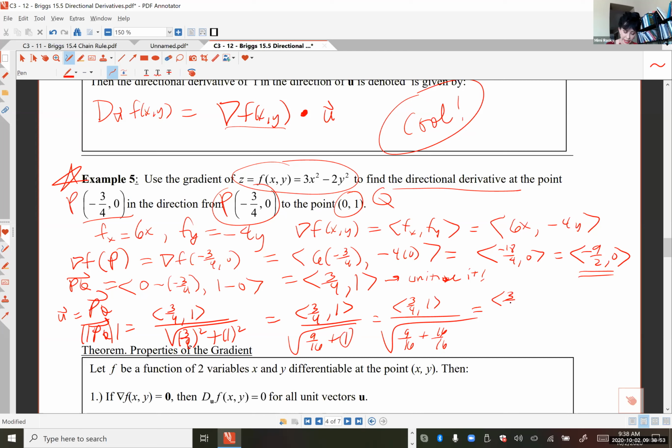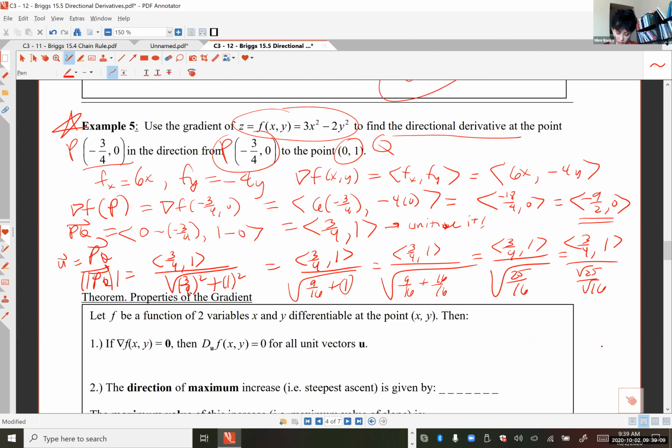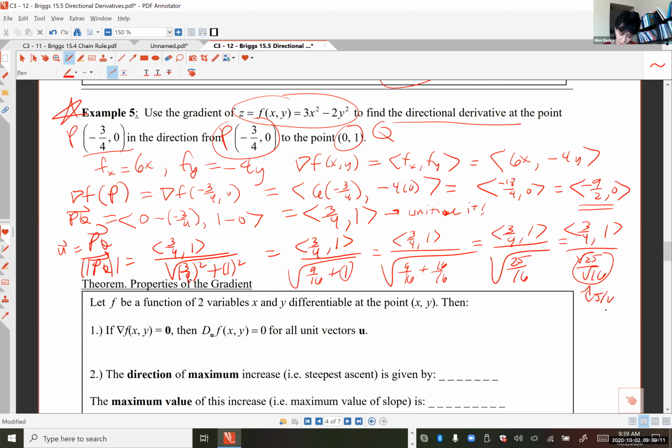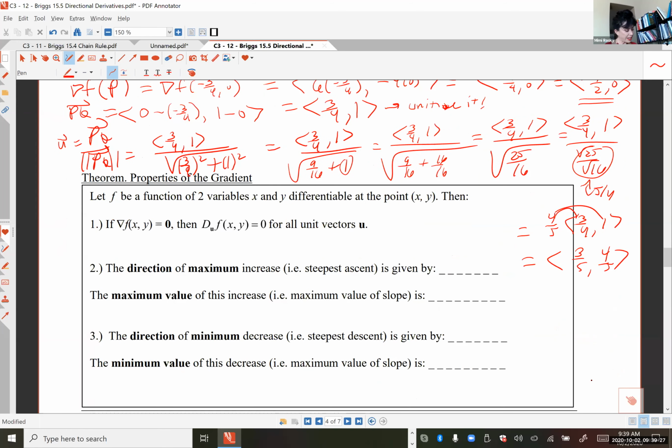And then your radicand looks like the quotient 25/16. But if you are taking a square root of a quotient, you're allowed to use the law of radicals that says rewrite it as a quotient of radicals. And then this is simply 5/4, but dividing by 5/4 is the same as multiplying by the reciprocal, which is 4/5. And then using my knowledge of scalar multiplication and reducing, I get my direction vector to be the vector 3/5, 4/5.